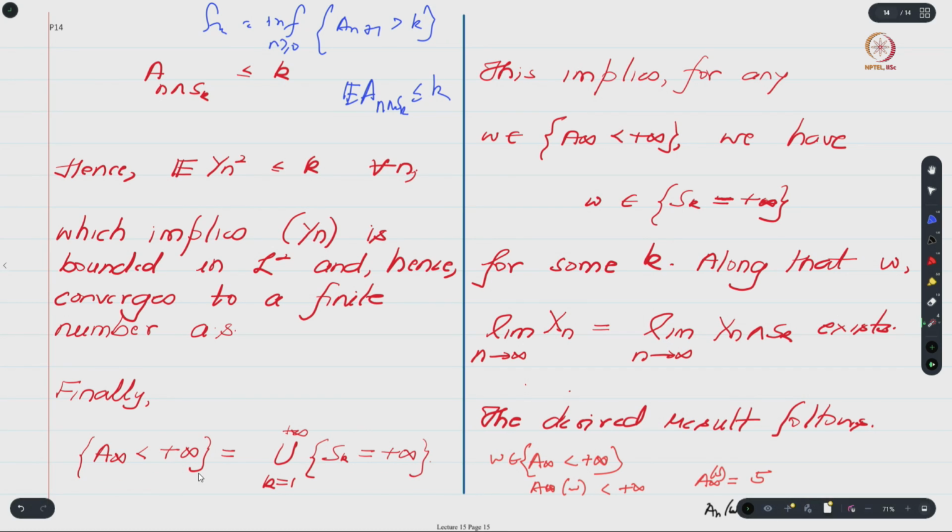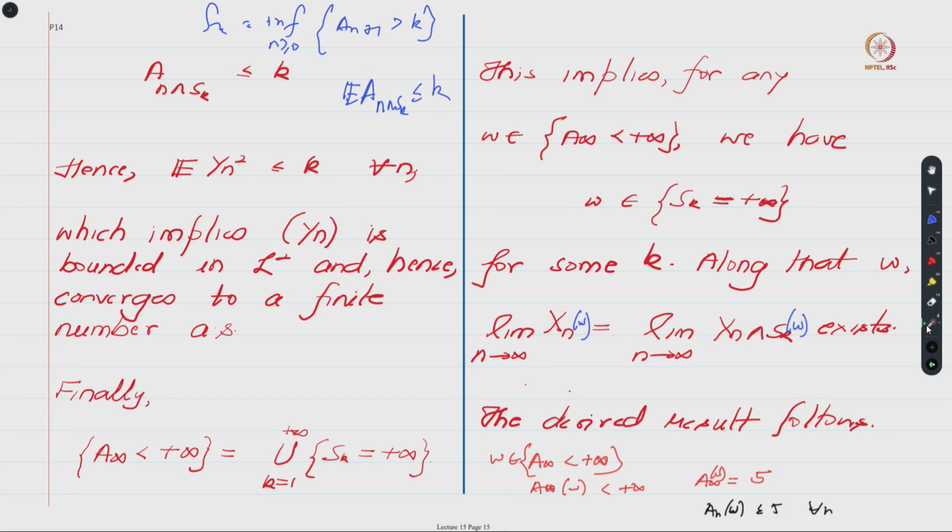A infinity is less than infinity if Sk equals plus infinity for some k. So if you have an omega in this event, then omega must belong to Sk equals infinity for some k. Now, if you take such an omega, then for this omega your limit Xn of omega actually equals limit Xn min Sk of omega.